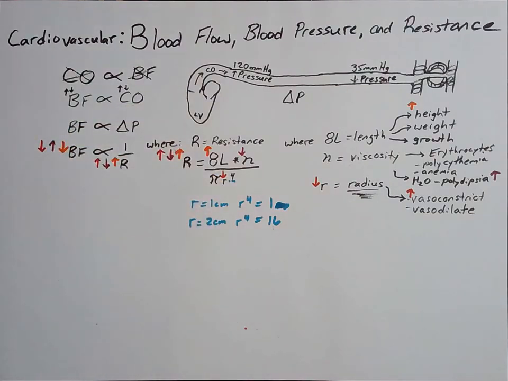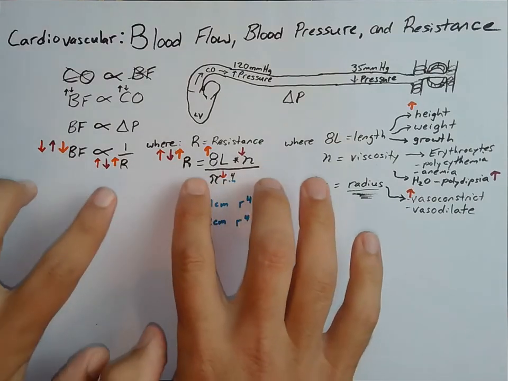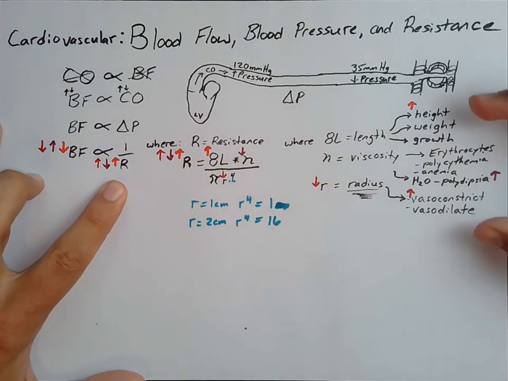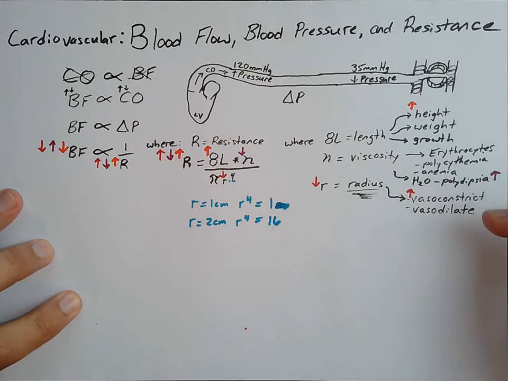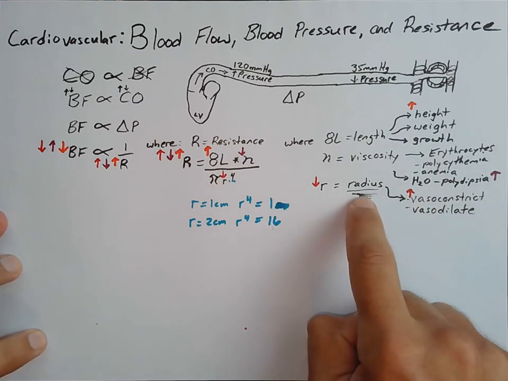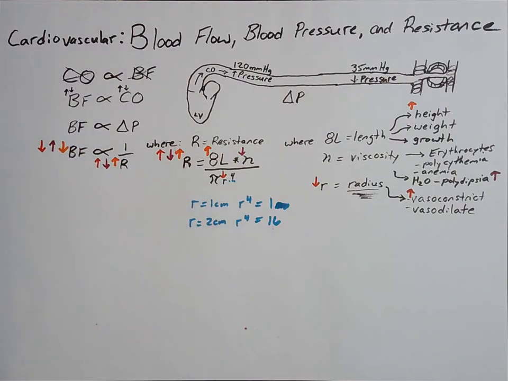And that's how you use this equation, y'all. If you understand this equation and how these equations interact, you can actually look at all sorts of diseases. As long as you know that particular disease affects the length, or affects viscosity, or causes hypertension or something along those lines and changes the radius of the tubes, boom, we can get right back to what's happening to blood flow to those tissues.